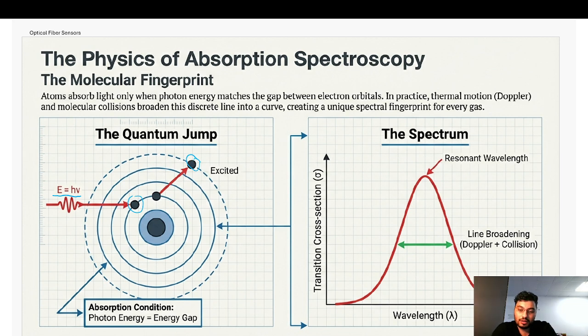Similarly, you can see here why this broadening happens actually, when we are collecting the spectrum.